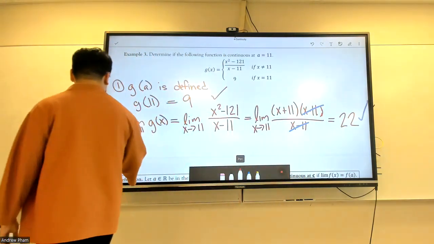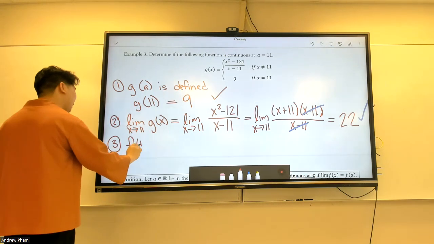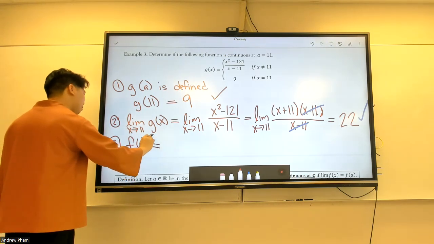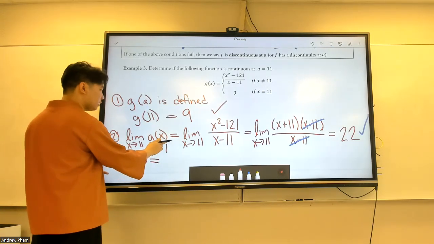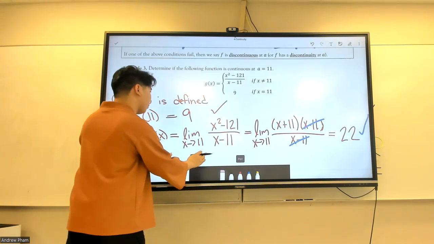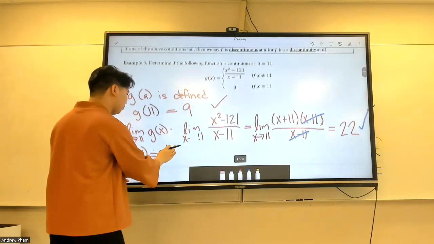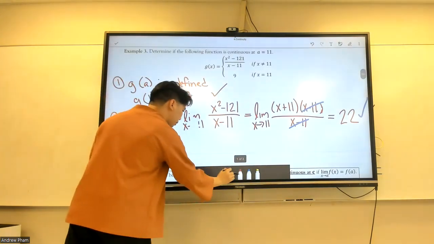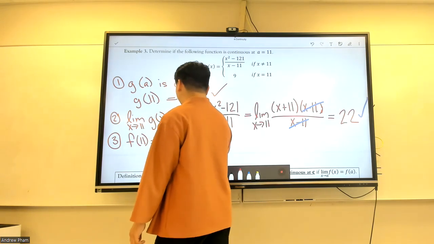My last condition for continuity. Is it true that g of 11 is equal to 22? So is it true that g of 11 is equal to the limit of g of x?